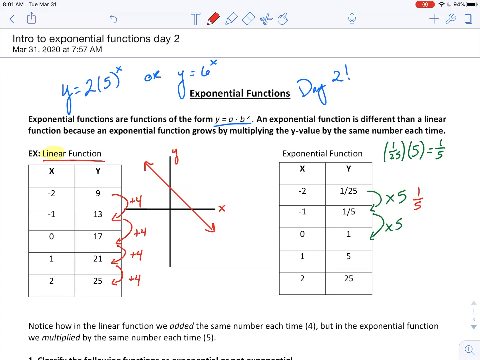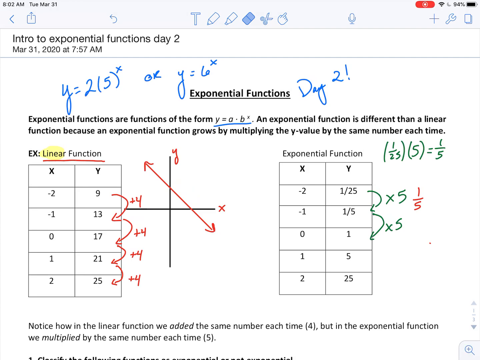Or you could ask yourself, how many 1/5 go into 1? So, if I had a pentagon block here, and I split it into 5 equal pieces, how many of these 1/5 pieces make the whole shape?